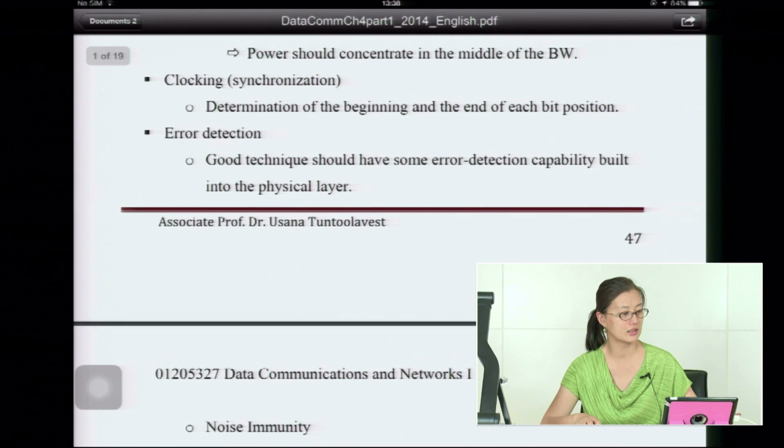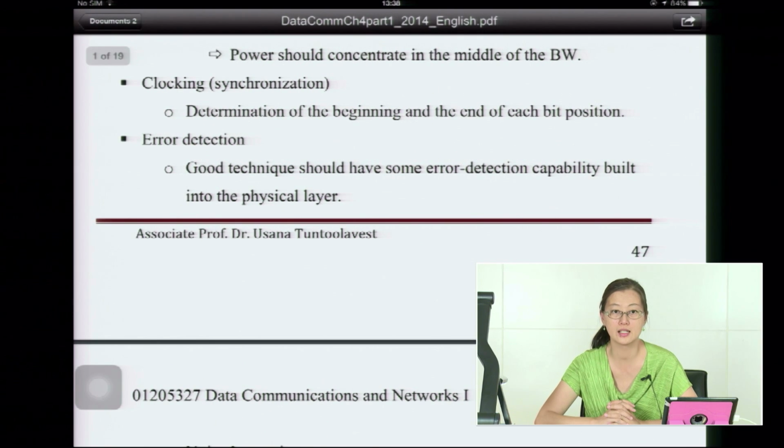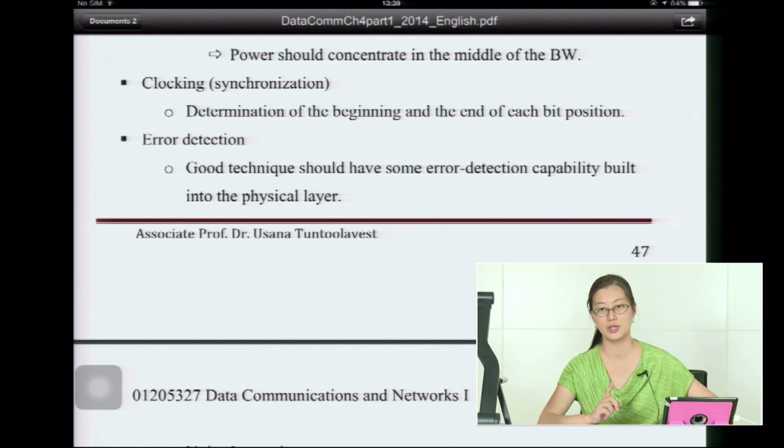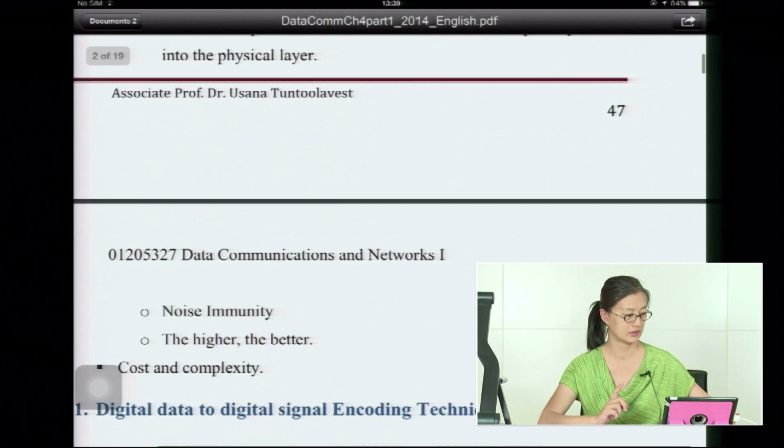The next characteristic is error detection. Good techniques give you some error detection capability built into the physical layer. When you look at it, you know that this is wrong, this is not possible to happen. We will see this when we look at the different line coding techniques.